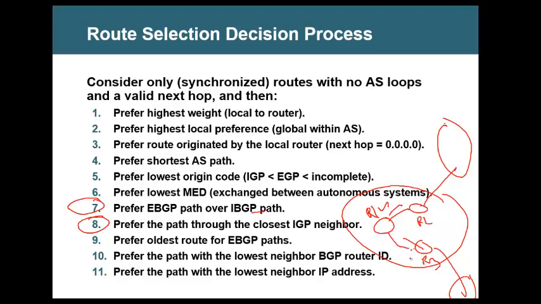Now, because there is a tie in this, it comes to step 8. Now router 1 will see the routing table for determining whether to go via R2 or R3. It will check the routing table. The routing table says the metric to reach R2 is 10, the metric to reach R3 is 15.